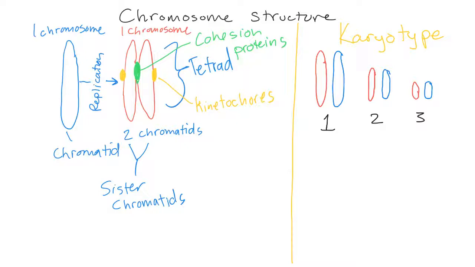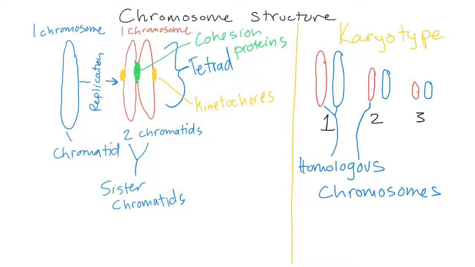And so because these are the same chromosome, just from different parents, these are called homologous chromosomes, or homologs. So these are also homologous chromosomes, and so are these.